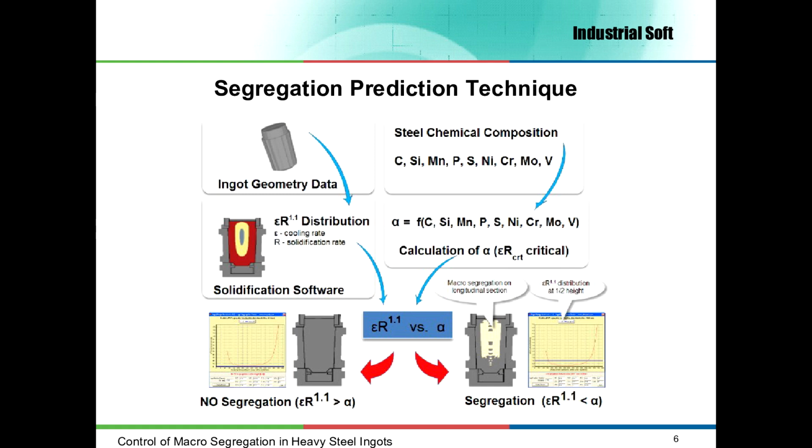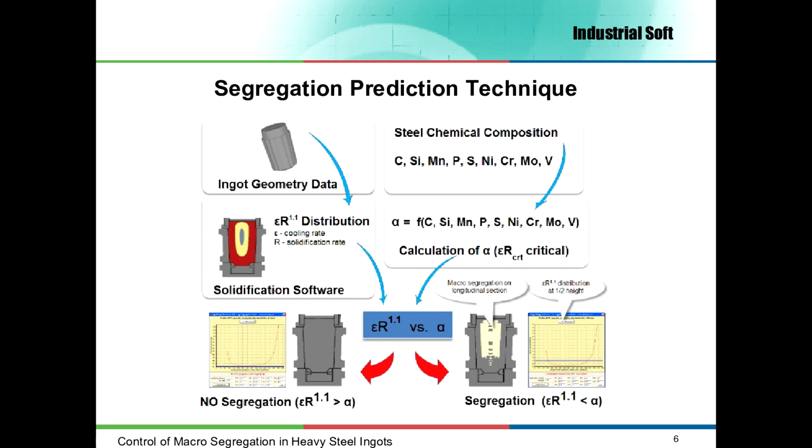This branch has as input data the ingot geometry, material properties and initial pouring and mold temperature. The other branch calculates, using the chemical composition of the steel, the critical value alpha, the value at which the A segregation will appear. Then, the software compares the values from both branches and plots the segregation area in regions that contain values below the critical value.